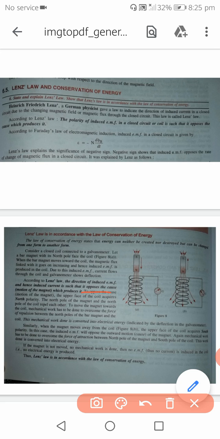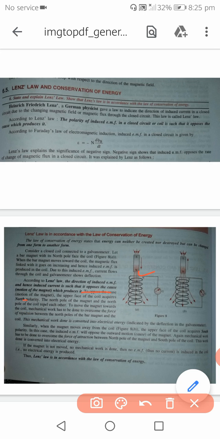To oppose the cause of motion, the upper face of the coil acquires north polarity, talking about this one. The north pole of the magnet and the north pole of the coil repel each other. To move the magnet towards the coil, mechanical work has to be done to overcome the force of repulsion between the north pole of the bar magnet and the coil.